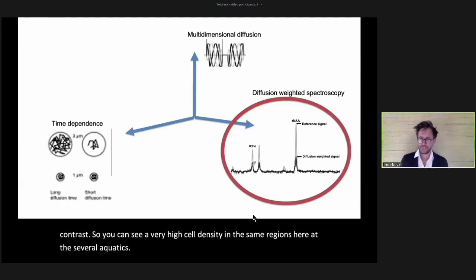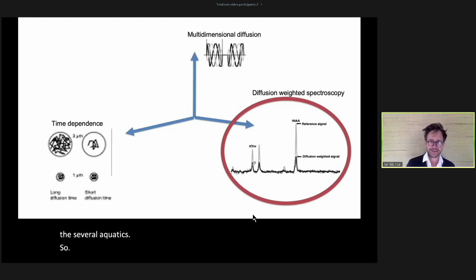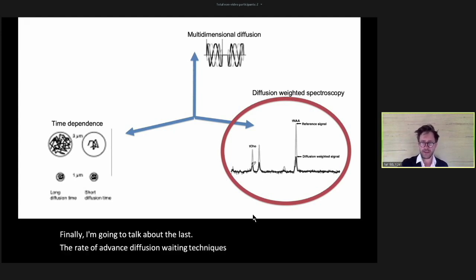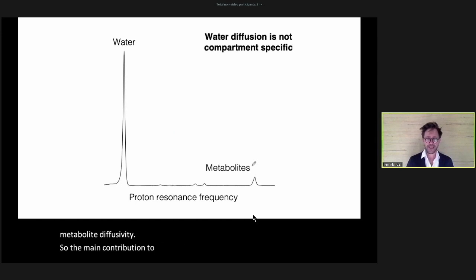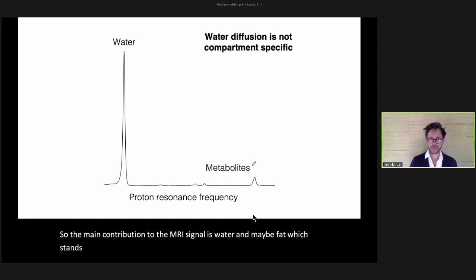So finally, I'm going to talk about the last derivative of advanced diffusion weighting techniques, and this is to look at metabolite diffusivity. The main contribution to the MRI signal is water and maybe fat, which stands for a very high portion of the signal.